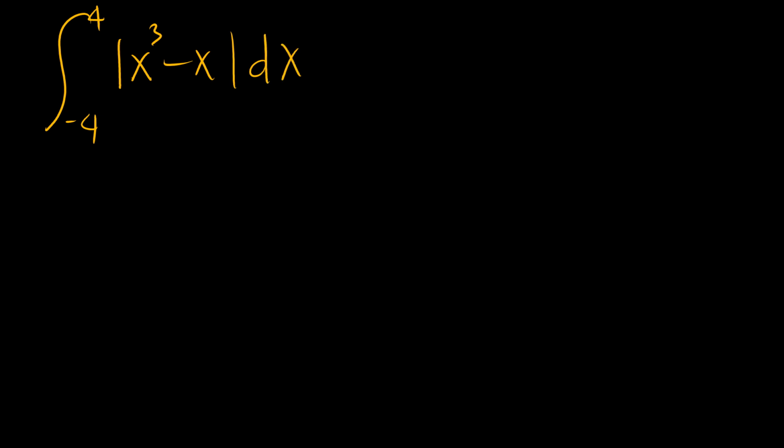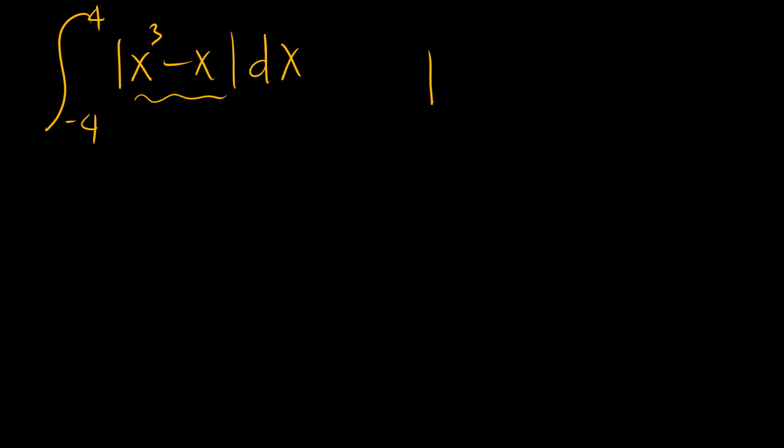So, the integral from x equals -4 to x equals 4 of the absolute value of x cubed minus x implies that we have to look at the magnitude of the value that is obtained when we feed in the values of x into this expression.